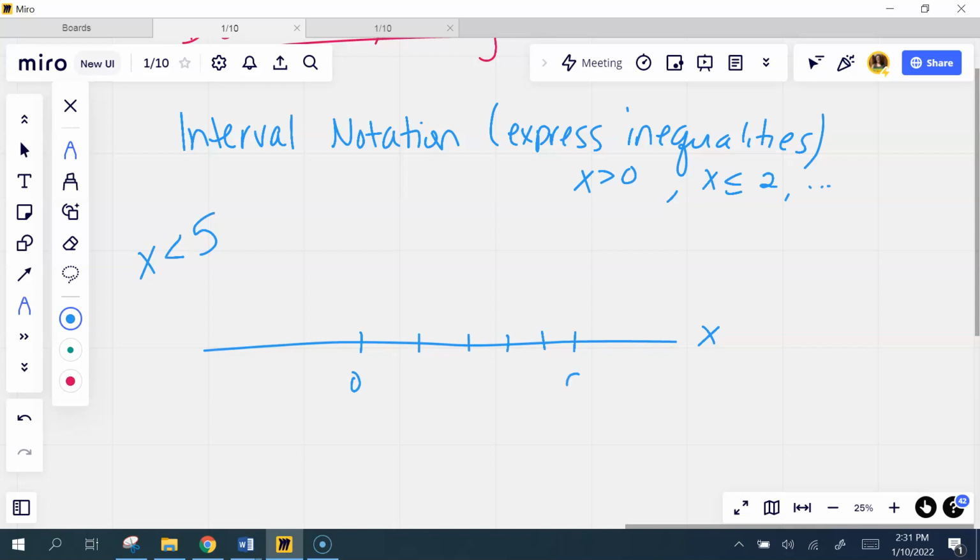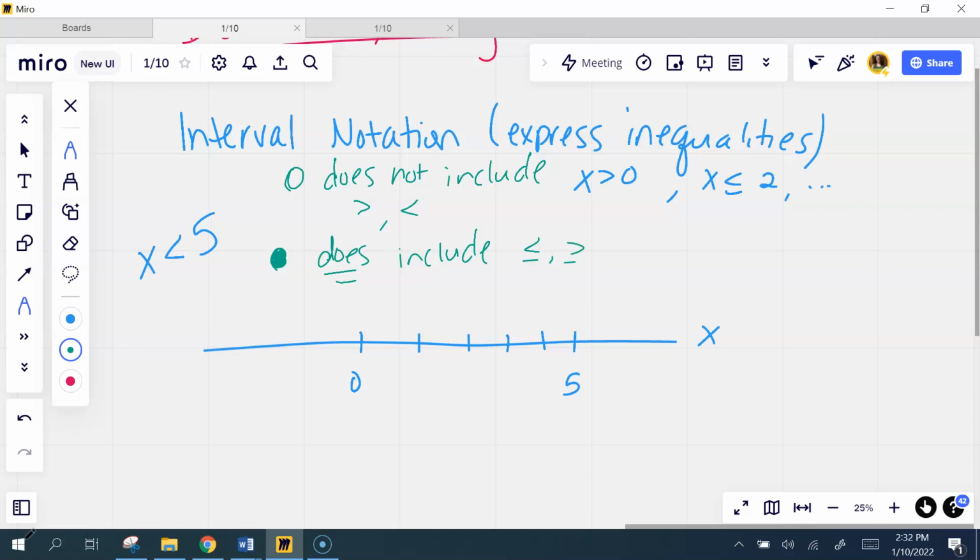And you had to think about, am I going to have an open or a closed dot at 5, right? Because we know that this means it does not include. Okay, so those are the signs that are greater than or less than. Whereas we use a filled in dot to indicate that it does include. Okay, so those are things like less than or equal to or greater than or equal to.